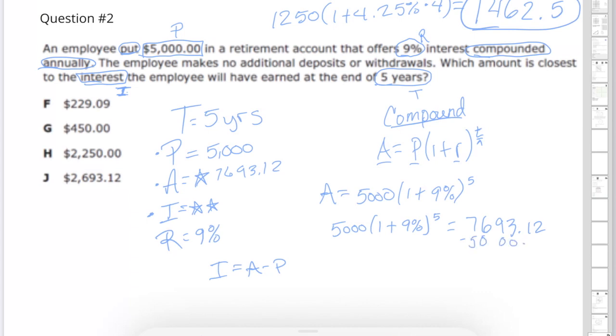When I subtract that 5,000, it gives me 2,693.12. Now, I would suggest not trying to subtract this by hand, because sometimes we write it the wrong way. So make sure to use your calculator for this part of the subtraction for I. And so we know now that I equals 2,693.12. So our answer is J. All right, thank you guys for listening.